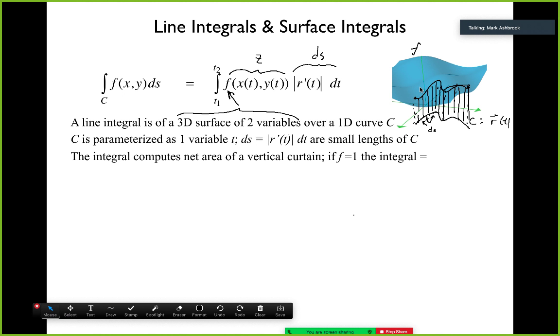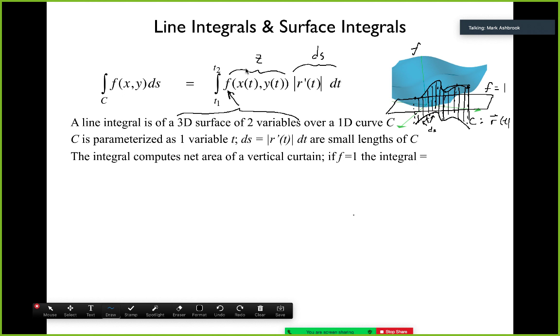So suppose f had a value of 1 everywhere, so f was equal to 1, instead of this blue wavy surface, then what would the line integral give?